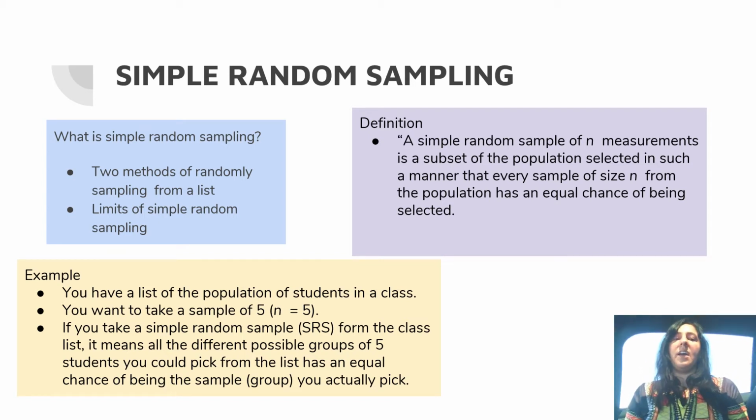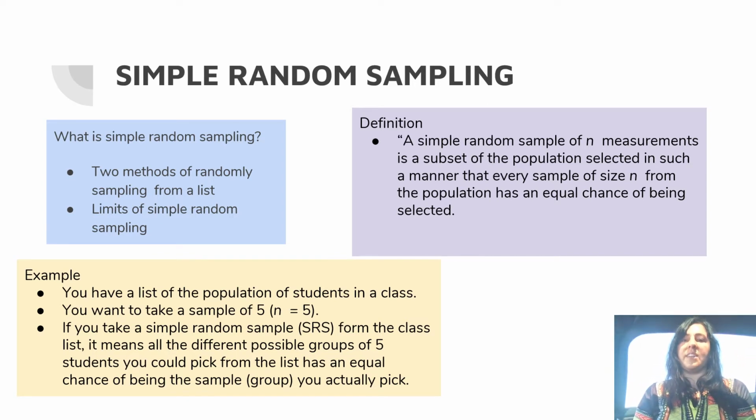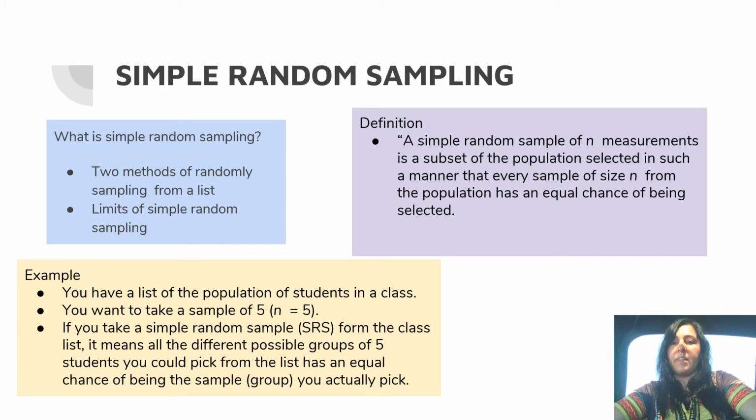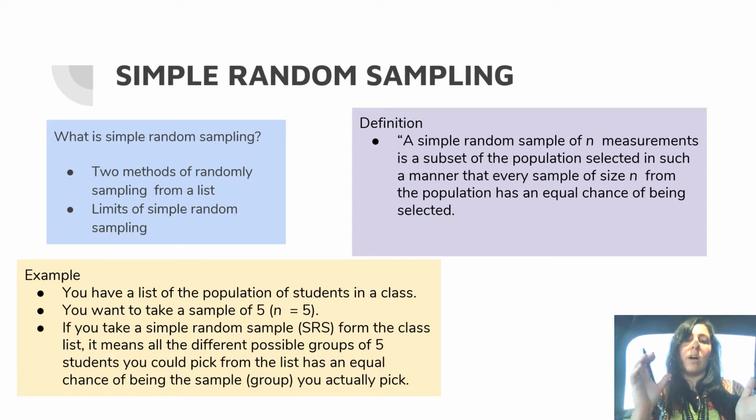Basically what this means is, let's say you have a certain population that you want to take measurements or readings from, okay? And let's say you have a list of the population of students in your class, and you want to take a sample of 5.